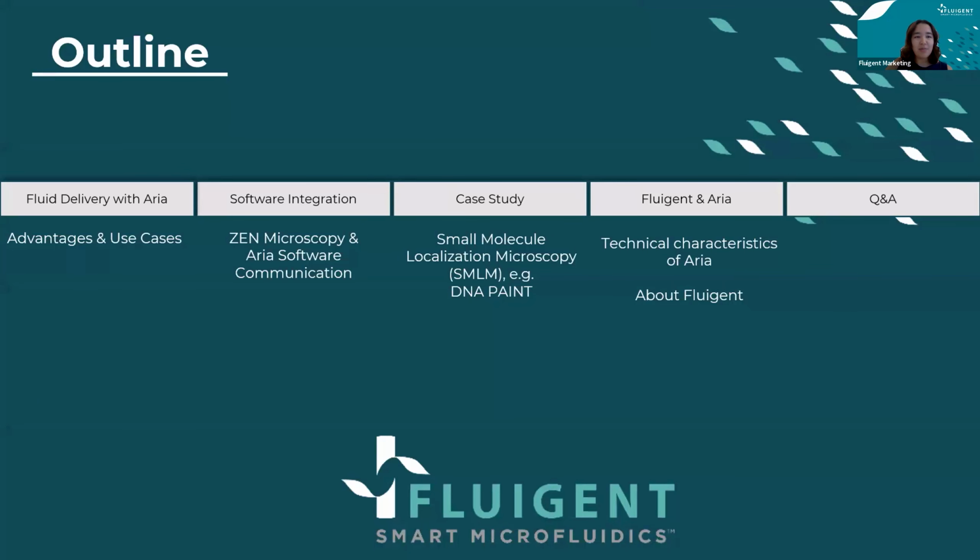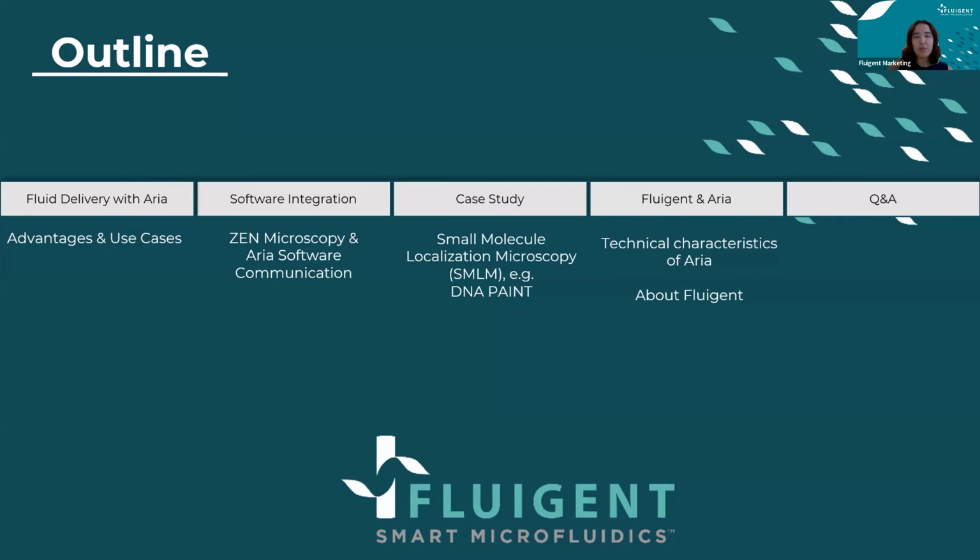In this brief webinar, we'll introduce the key advantages of fluid delivery and control in microscopy workflows and explore different techniques that can be used with fluid delivery and microscopy. We'll then take a closer look at Fluigent's Aria, our automated perfusion platform designed specifically for microscopy, highlighting its technical characteristics and the benefits of its use in complex imaging protocols.